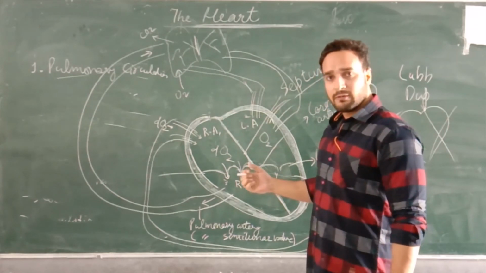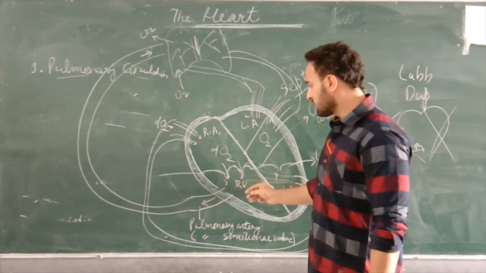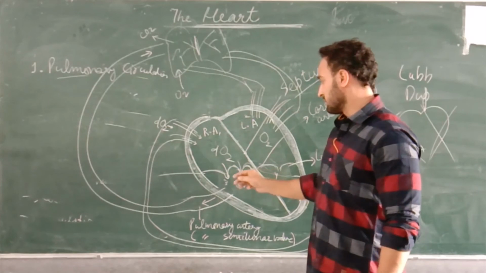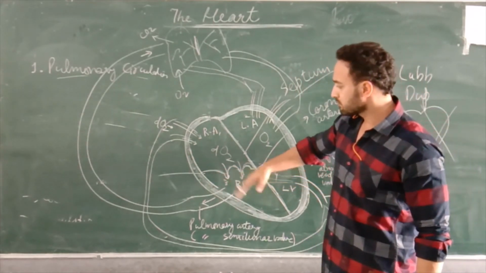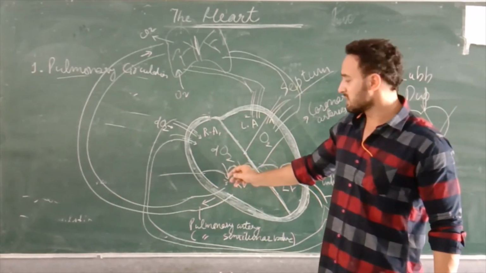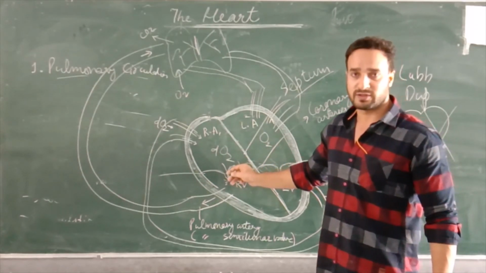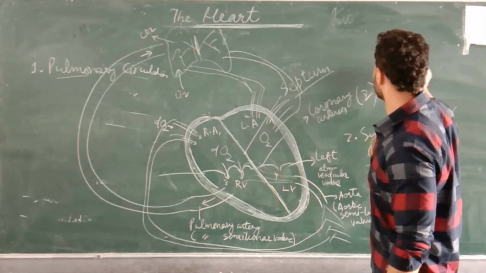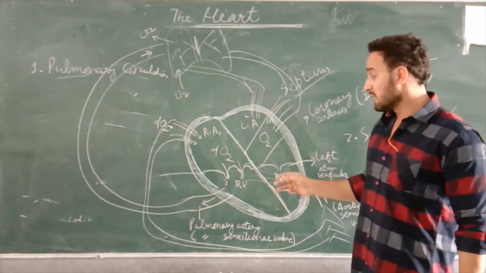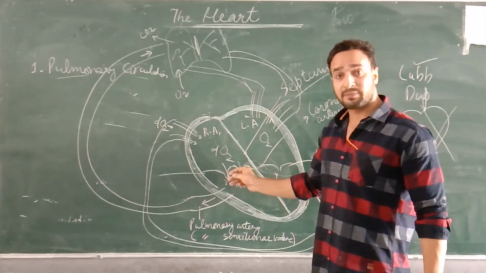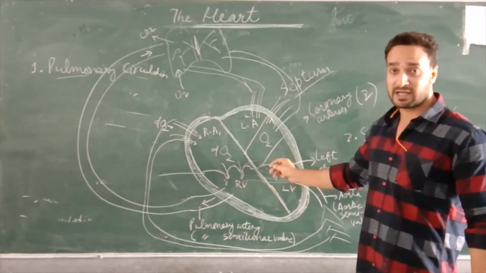When the ventricles contract, the tricuspid and bicuspid valves are pushed against the walls and this lid closes. That makes a sound which is called lub. So the lub sound you hear is because of the closure of the tricuspid and the bicuspid valves.